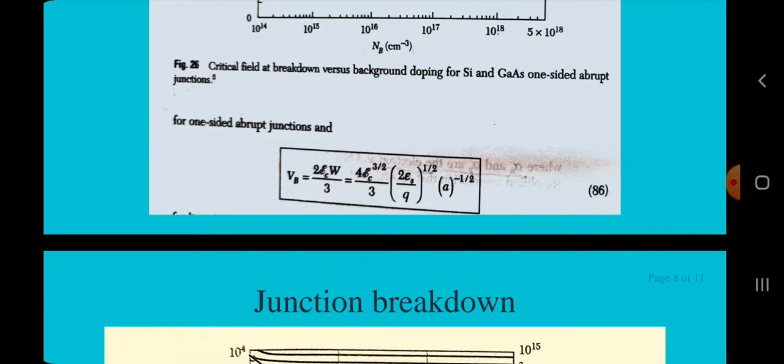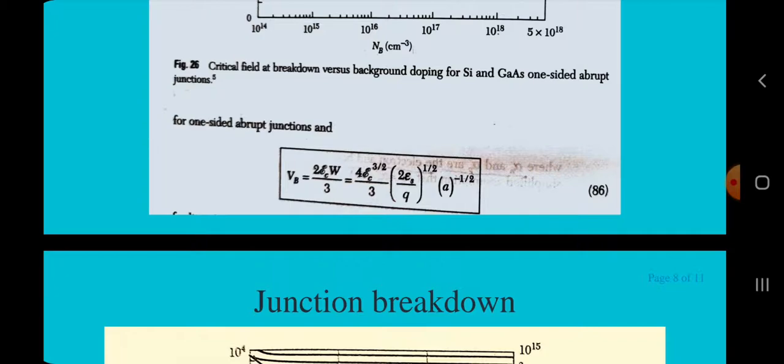Since the critical field is slowly varying as a function of either NB or A, the breakdown voltage, as a first order approximation, varies as NB to the power of minus 1 for abrupt junctions and as A to the power of minus half for linearly graded junctions. We have shown in this figure the calculated avalanche breakdown voltages for silicon and gallium arsenide.